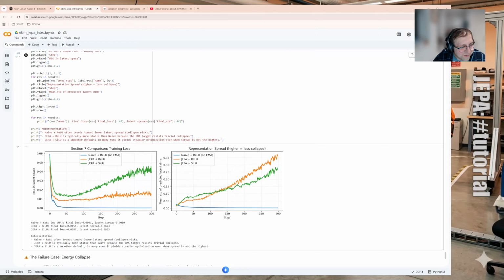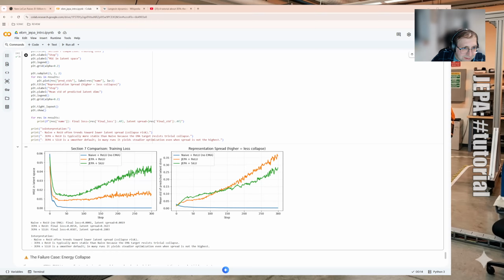And then I replaced the SiLU, which was the original code, which is the practical default, and you can see that it gives you smoother gradients, and with EMA gives you a more stable run, essentially, right? So the representational spread is a little bit lower, while the MSE is a little bit higher.